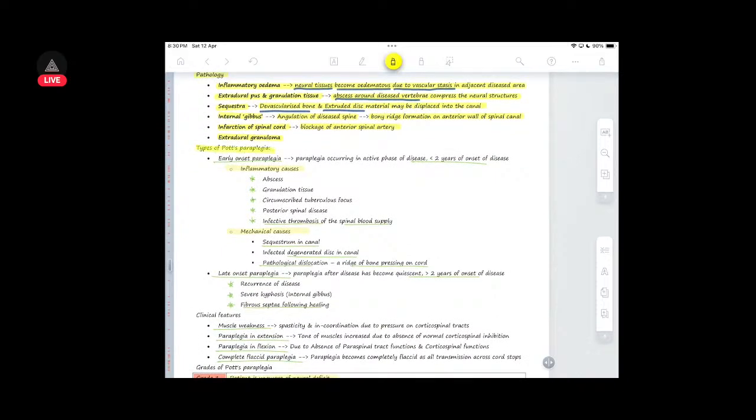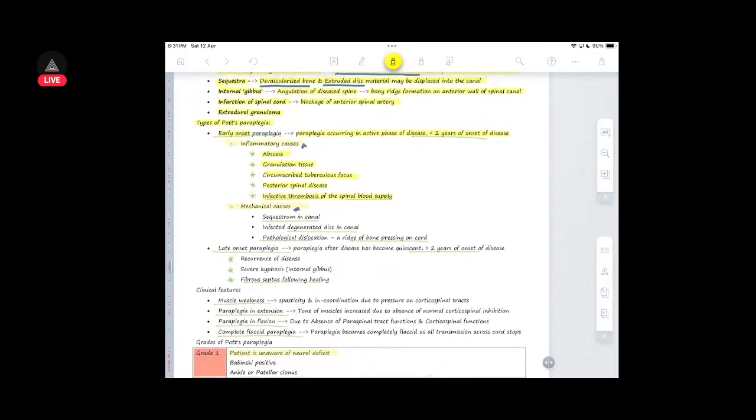Then types of Pott's paraplegia. You have early onset paraplegia occurring in the active phase of the disease, less than 2 years from onset of disease. It can be due to various causes: inflammatory causes and mechanical causes. Inflammatory causes are abscess, granulation tissue, circumscribed tuberculous foci, posterior spinal disease, and infective thrombosis of the blood supply.